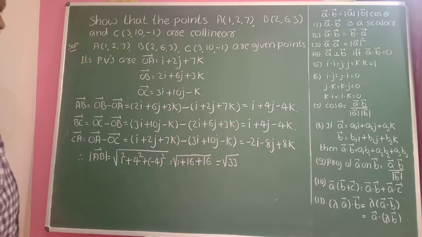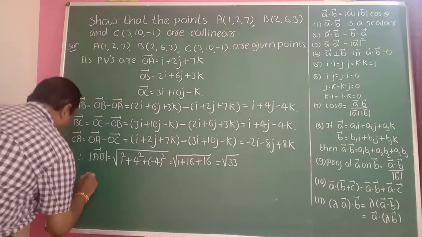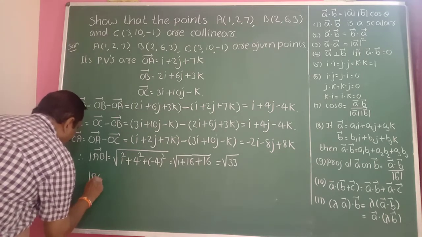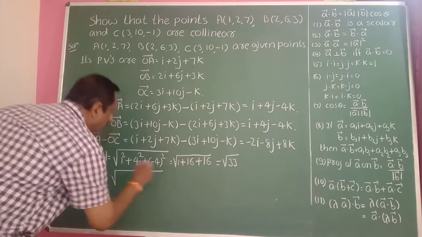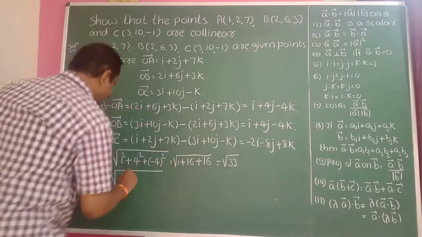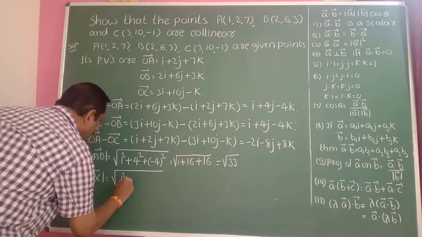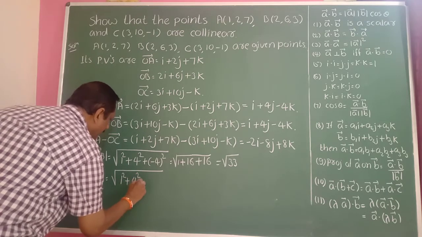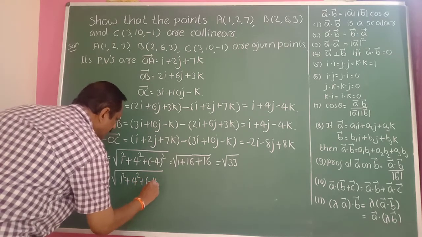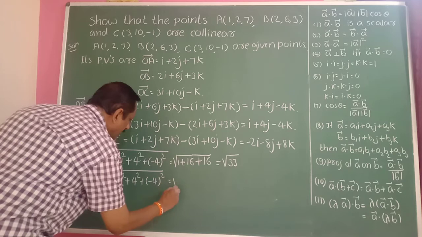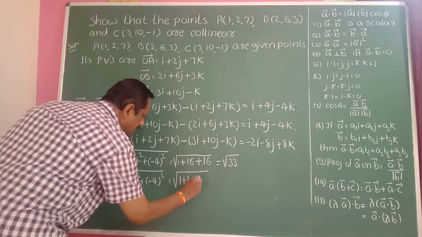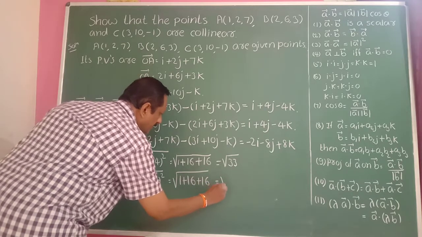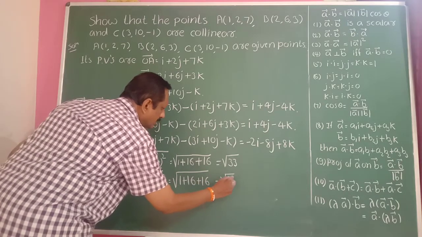Root of 33. Then the modulus of BC is equal to the root of 1 squared plus 4 squared plus minus 4 squared, which gives the root of 1 plus 16 plus 16, the root of 33.